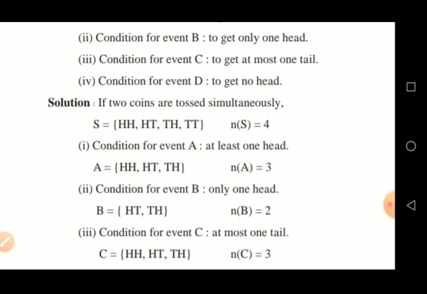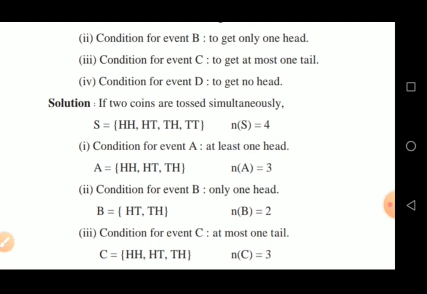Maximum one tail means HH, HT, TH. You are thinking that in HH, where is the tail? I am explaining again. At most means the condition is for maximum. Maximum one, not more than one. In HH, 0 tails are there, and 0 is less than 1.